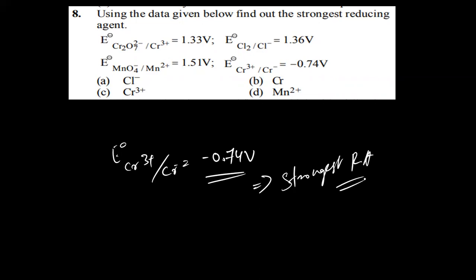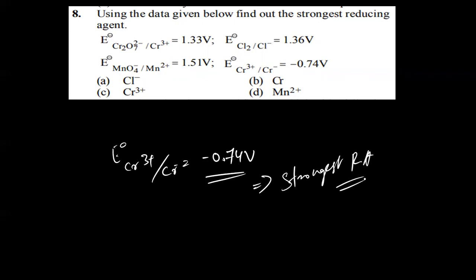So it is the strongest reducing agent, which is discussed in the standard reduction potential or electrochemical series. If you remember the electrochemical series and the notes given in it, you can easily predict which metal acts as the strongest reducing agent, or which element acts as the strongest oxidizing agent.